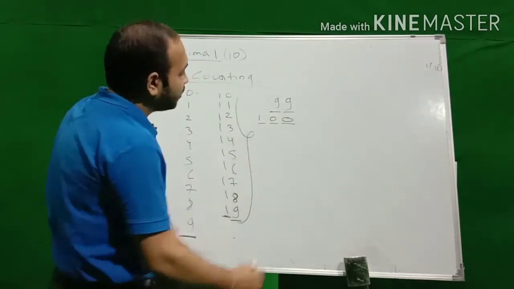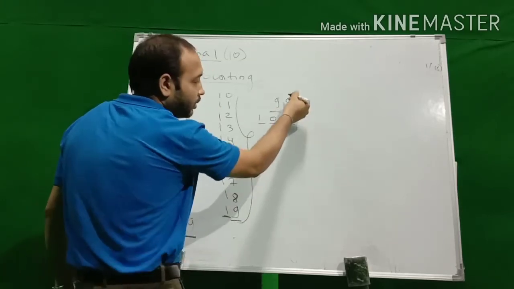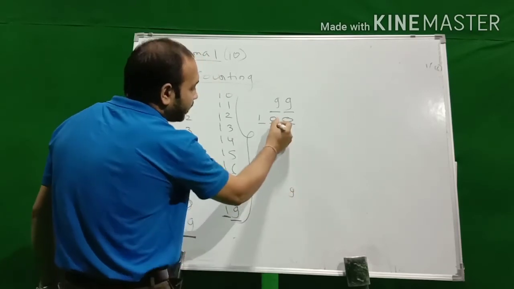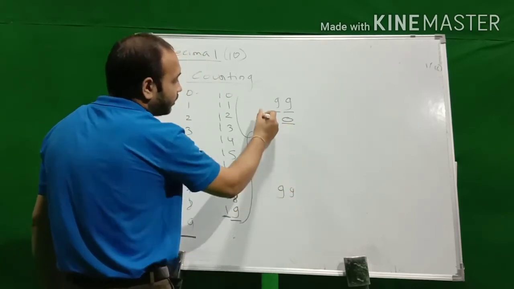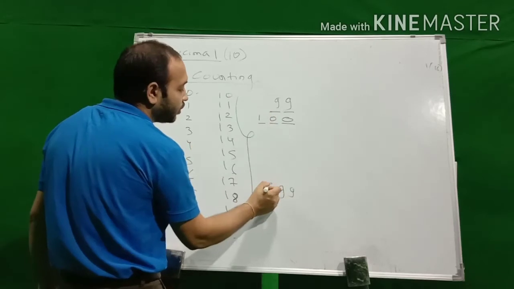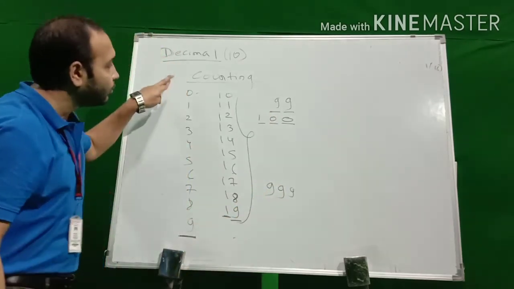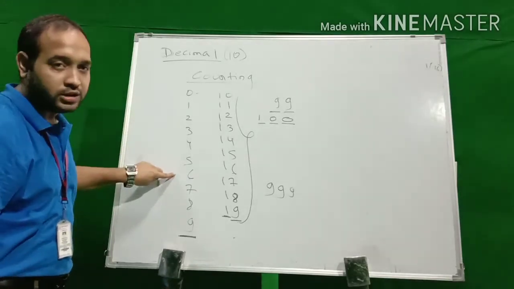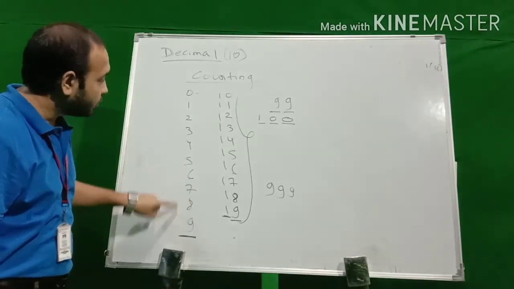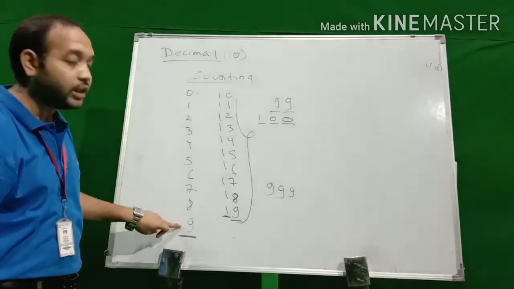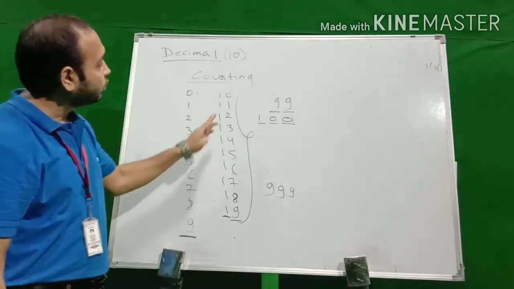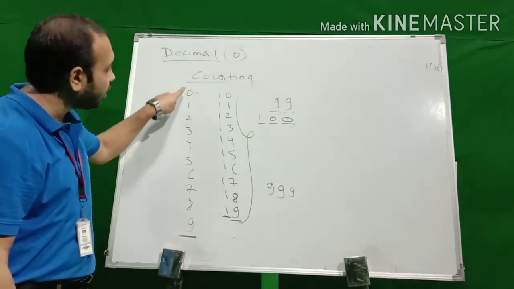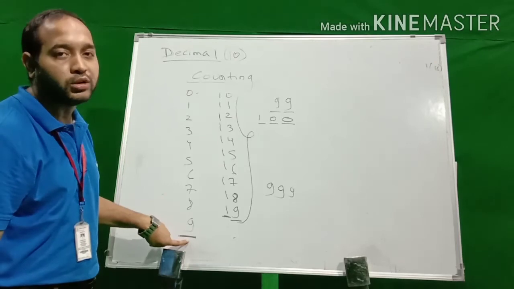So with this same counting you have to do. This unit place you have to go 0 to 9, then 10th place you have to go 0 to 9, and this 100th place you have to go 0 to 9. So like this, if you observe how we are counting, we first use one position where we use all 10 digits, then we go to the next position because we do not have more digits; we have used all these digits at the unit position.